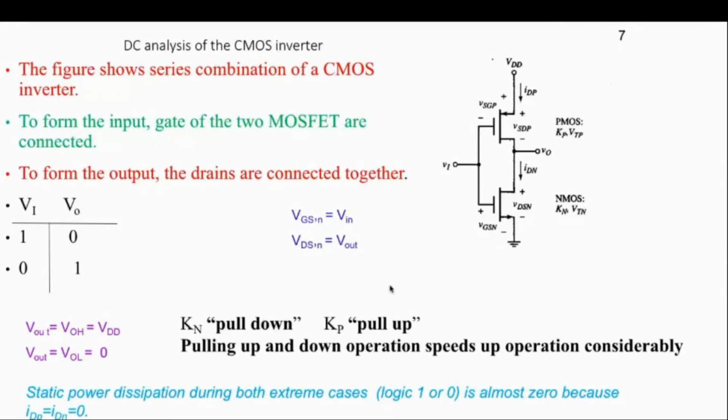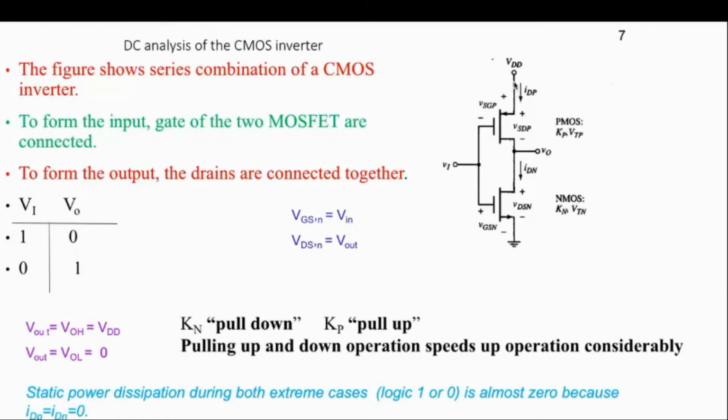Now, Kn and Kp are two terms. Kn is related to your NMOS and Kp is related to PMOS. Now, if you have a capacitor here, then what happens? If the input is 0, this is off.